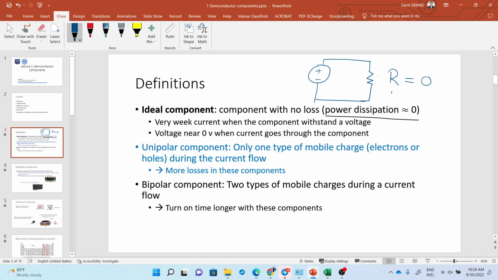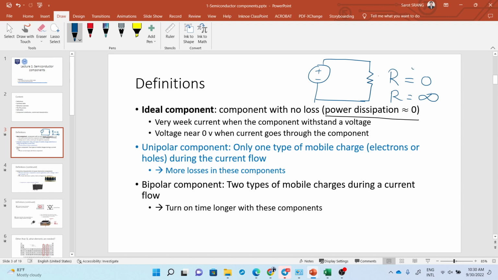I think the higher the value of the resistance, the lower the power dissipation. So how about infinite resistance? Because if we have a very high resistance, then there's no current. So if no current, no energy dissipation as well.